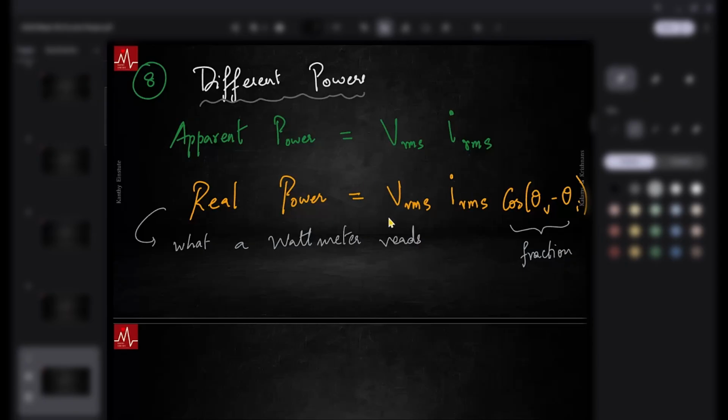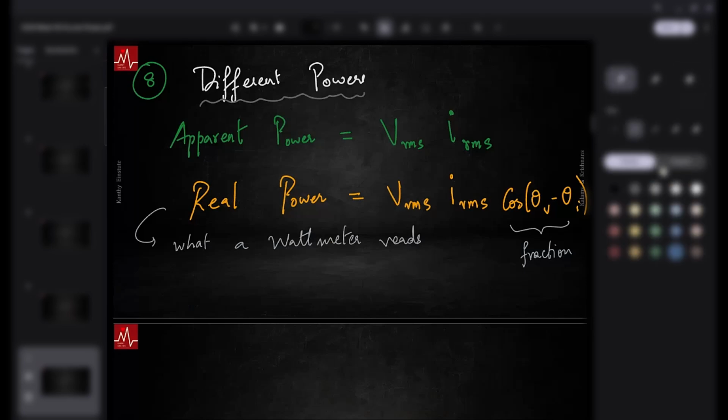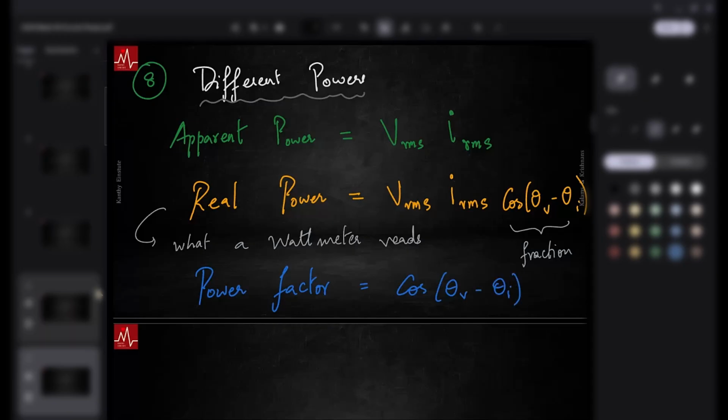So the apparent power is getting multiplied by an efficiency factor. In this case, we call that the power factor. Fraction, this is referred to as the power factor. Efficiency factor. This is like efficiency, right?